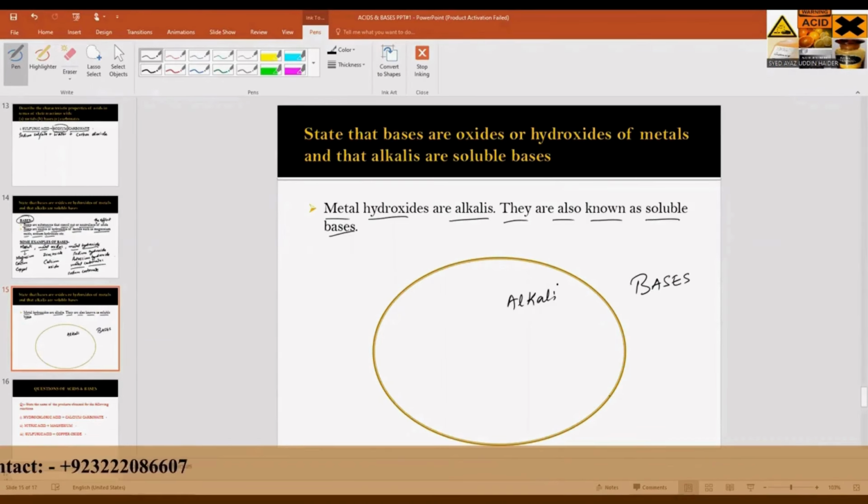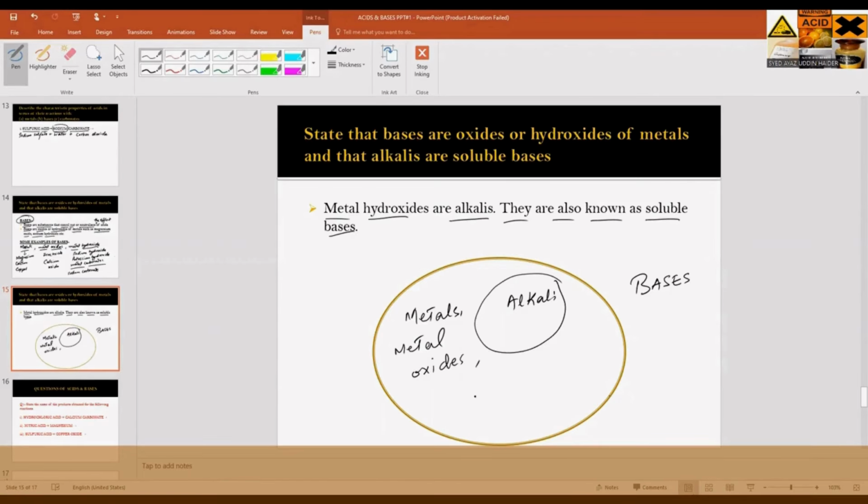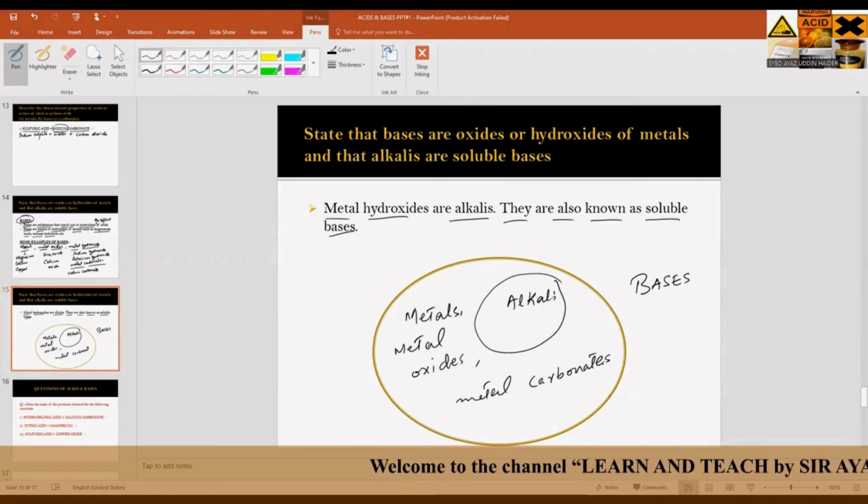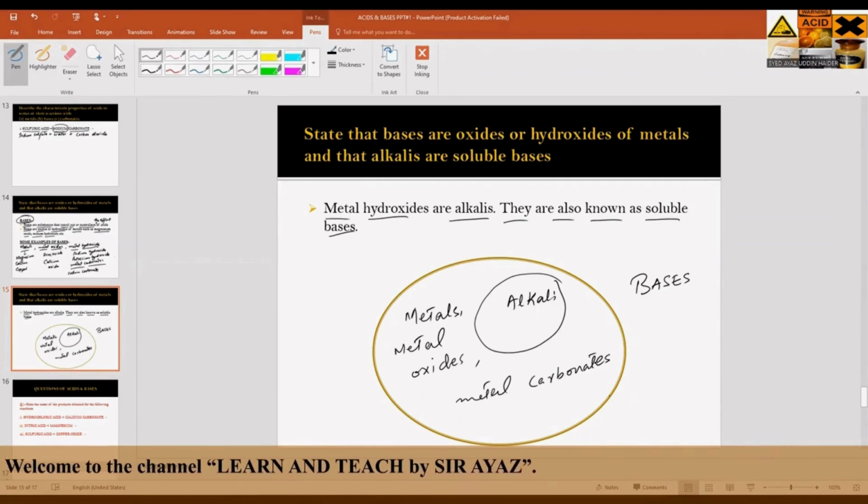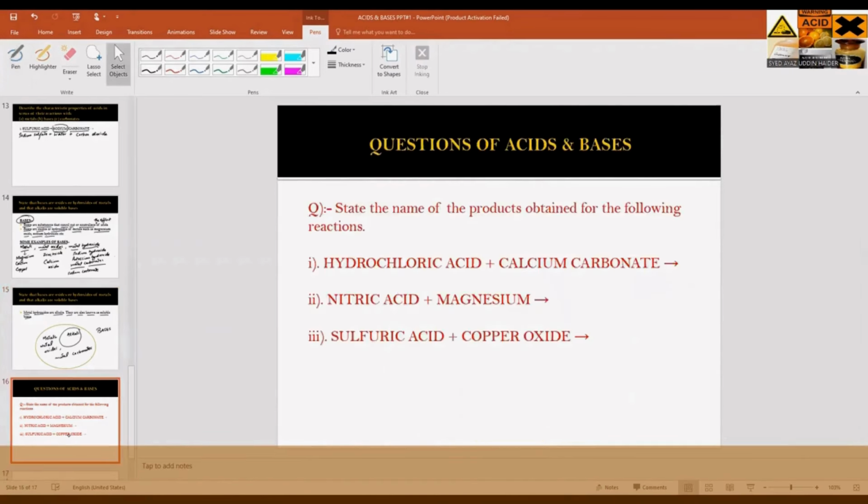So I have to write alkali under another circle. So in this area, you have metals, metal oxides, metal carbonates. They are not alkalis, but they are bases because they all cancel out the effect of acids.